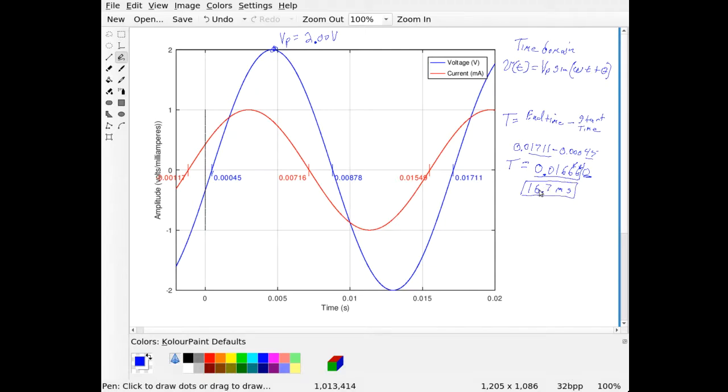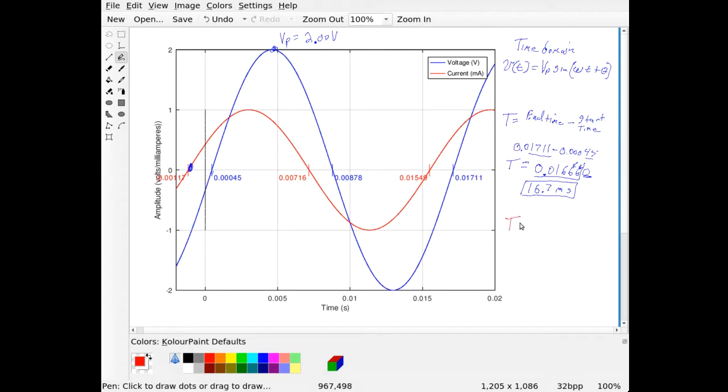All right, so this is what I would put in Blackboard for the period of the waveform. Now, before I get back to the voltage, I want to look at the period of the current waveform. Here's one complete cycle of the current waveform. I'll flip over to red for a minute.